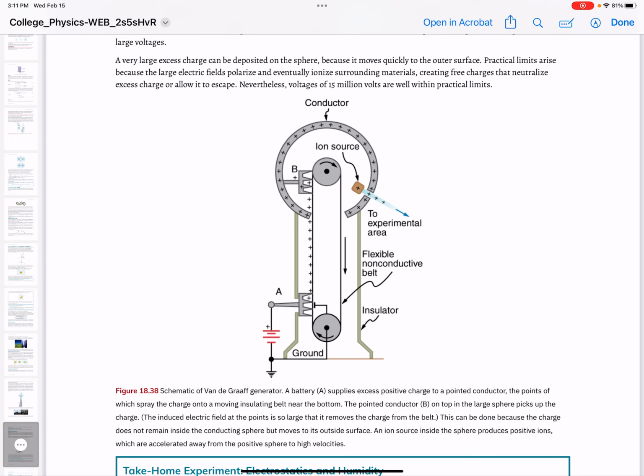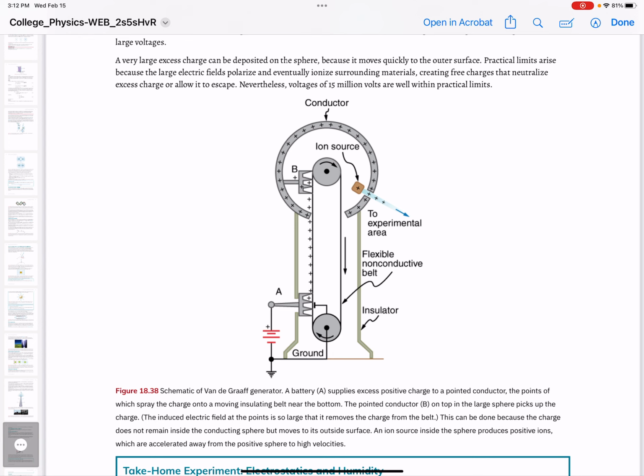Everything around it is an insulating material, typically glass, so that you can see on the inside, but it could be anything, even rubber.